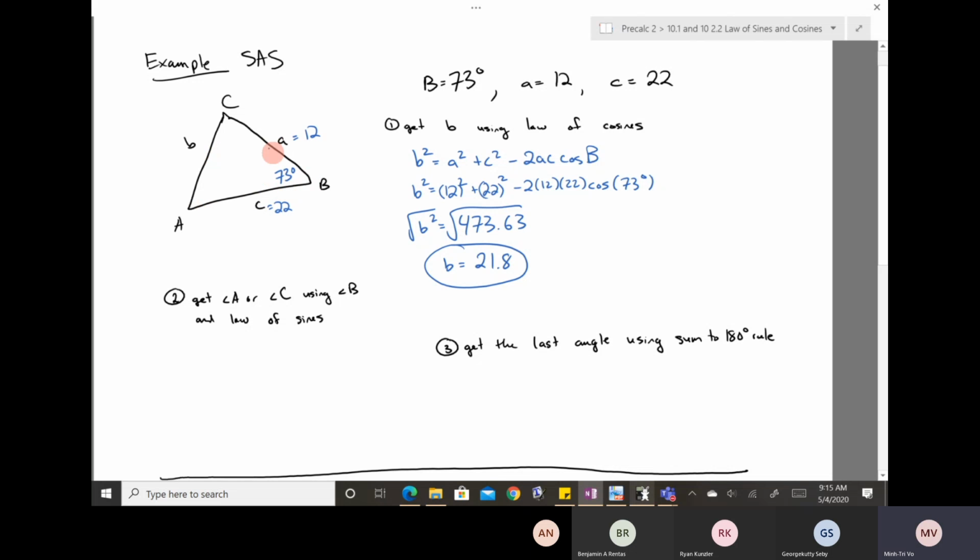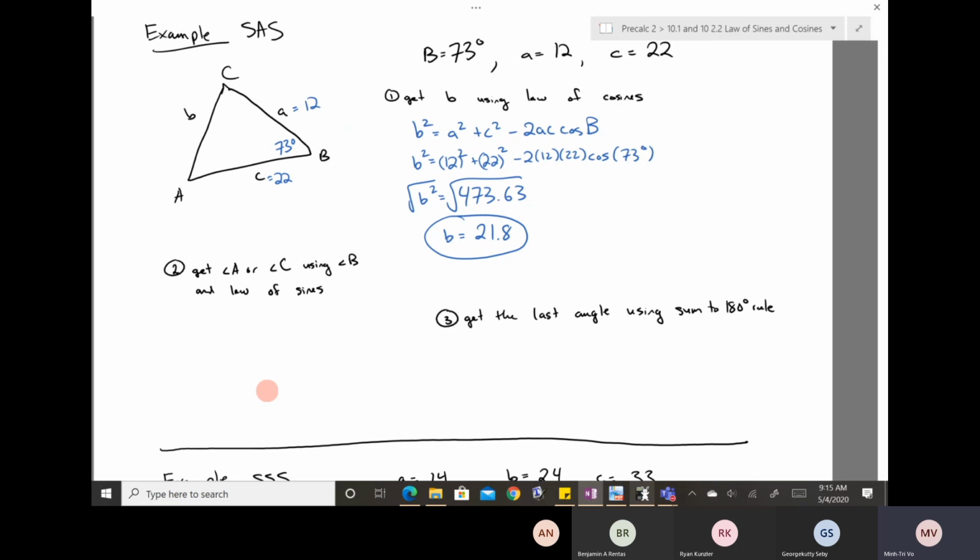So now if I want to get angle A, I can switch to the law of sines: sine A over A is equal to sine B over B, right? So what do I get? Sine A over 12 is equal to sine 73 over side B, which is 21.8.